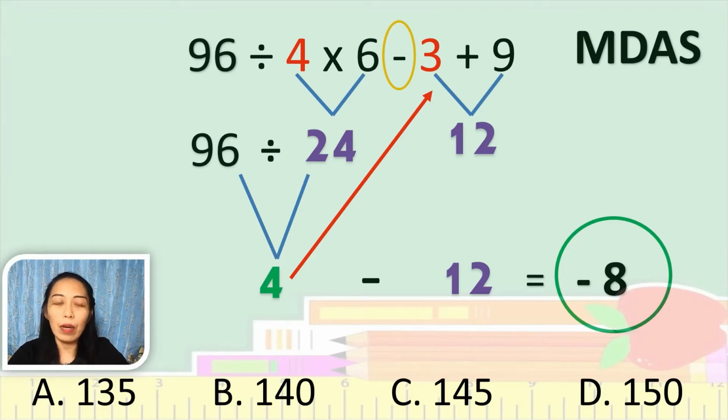So we have here our options, the choices: 135, 140, 145, and 150. Do we have negative 8? No. That must be something else. So let's find out.